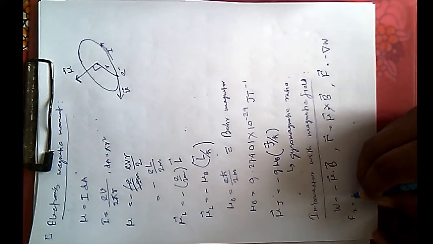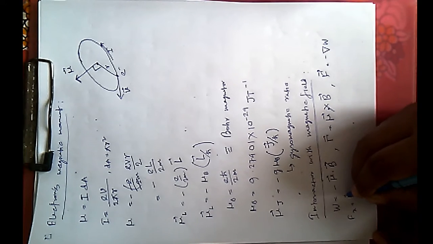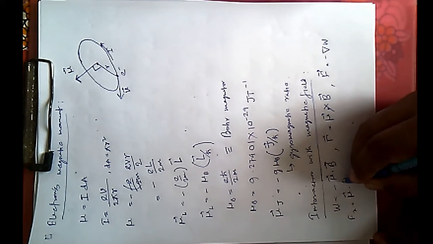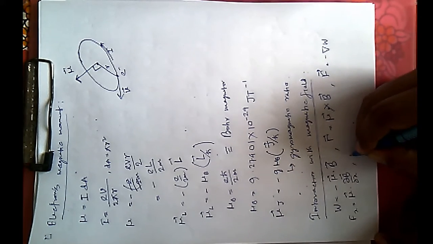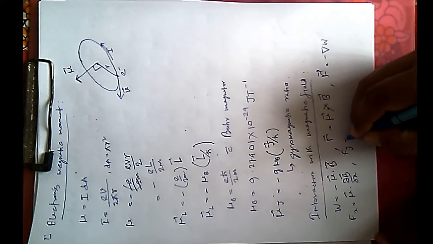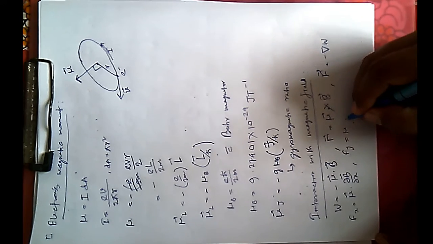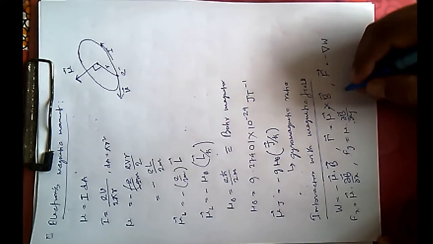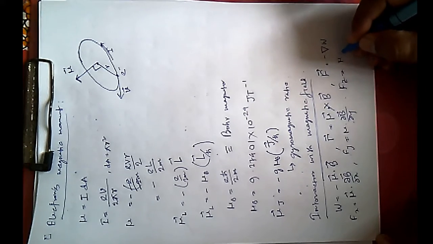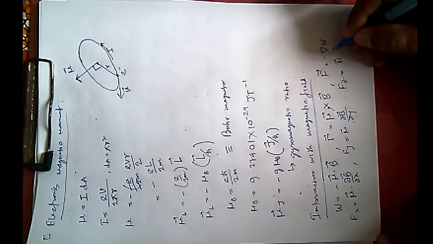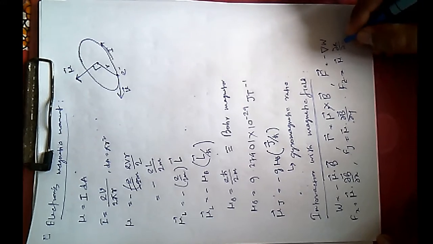As you can understand, the x component is mu dot del B by del x. Similarly, the y component is mu dot del B by del y, and the z component is mu dot del B by del z.